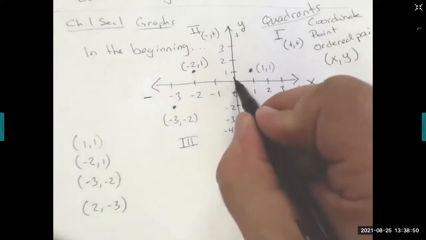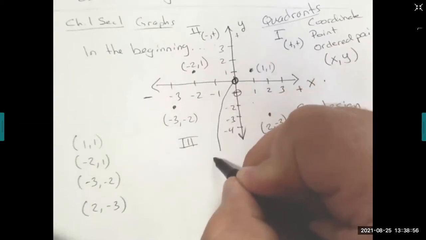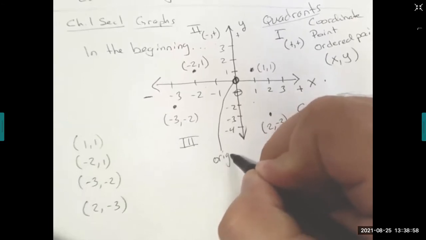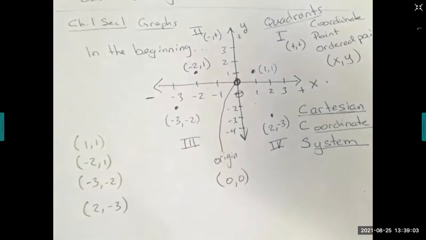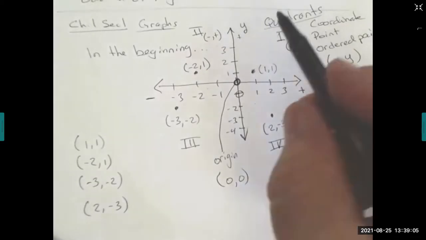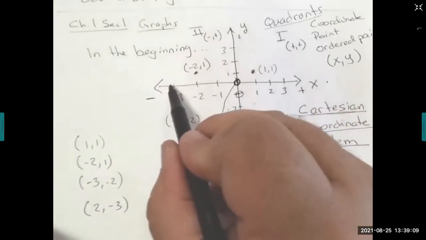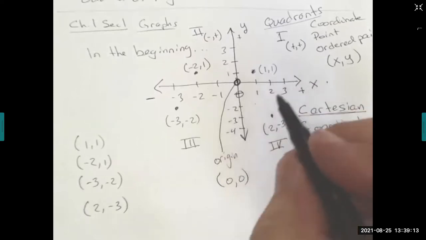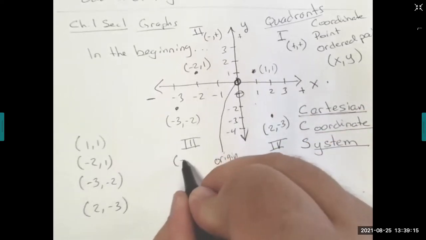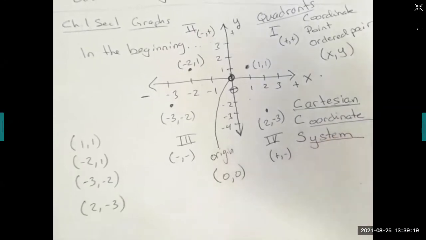Because all of these points start from the origin, which is this middle point right here. It's called the origin. Its location is at 0, 0. Everything starts at 0, 0. So you go left 2, up 1, left 3, down 2, right 2, down 3. In the third quadrant, they're both negatives and positive, negative.